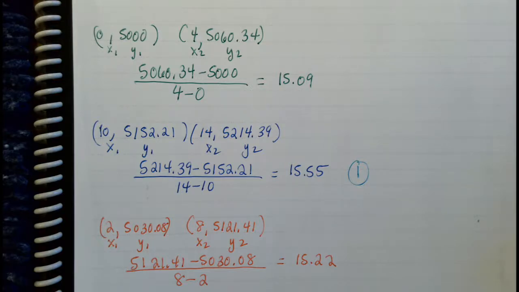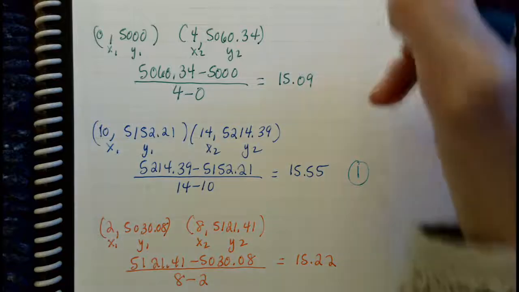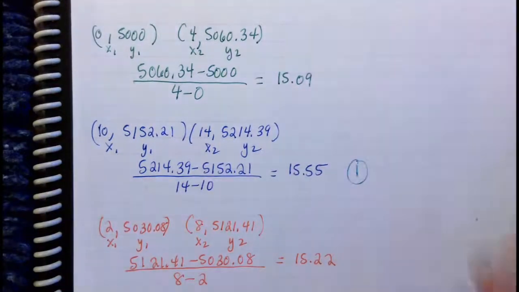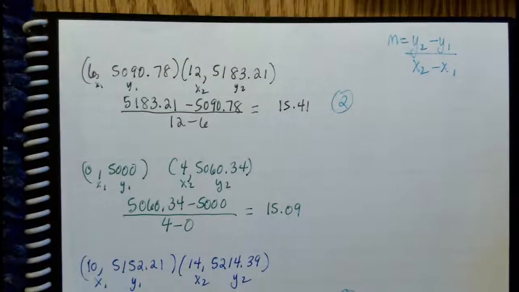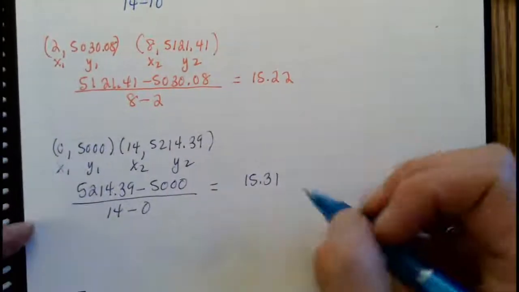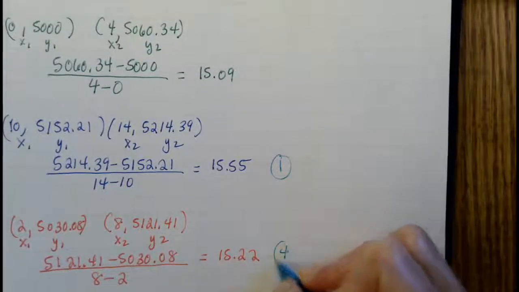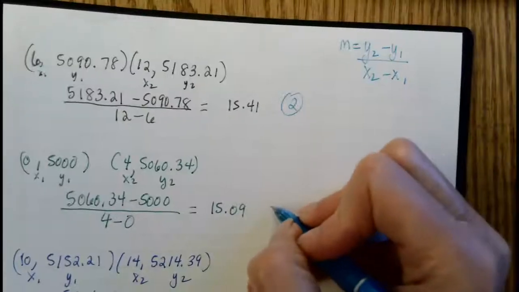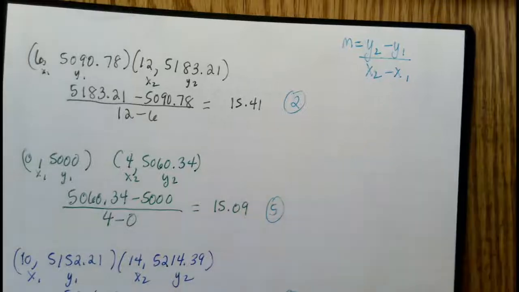Then 15.41 is going to be the second. 15.31 is our third. 15.22 is our fourth, and 15.09 is our fifth. So now that we've got those, again, we'll go back to Edmentum.